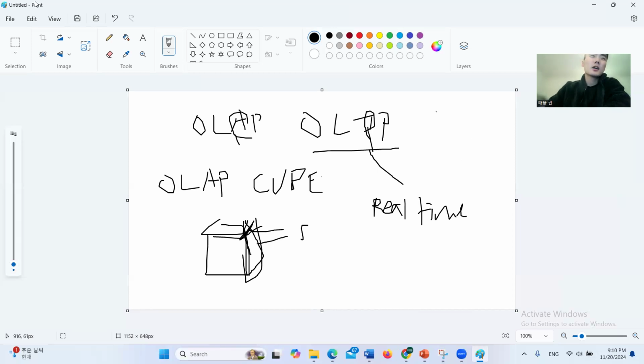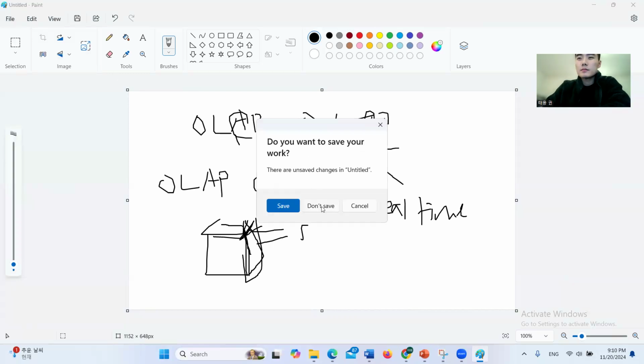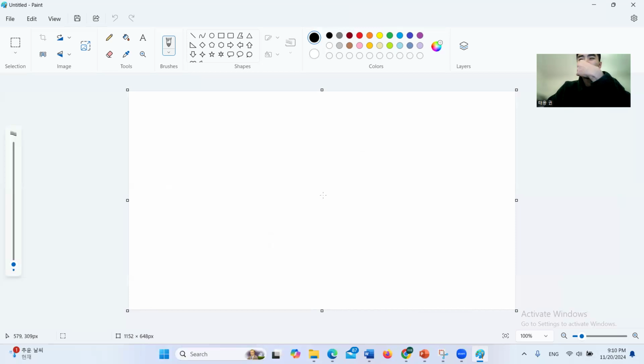Another difference between OLAP and OLTP, no, we already mentioned it. Analytical and transactional: OLAP is to analyze and OLTP is for the transaction. The next difference is processing time.